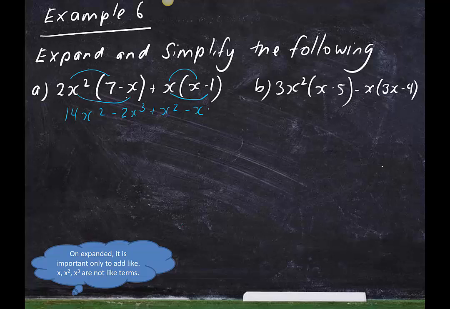We now need to add our like terms together. We're going to start with the highest power, which is minus 2x cubed, and then we're going to add the like terms together. So we've got 14x squared and x squared here. So that's like 1x squared. So that gives us 15x squared, and we've got minus x on the end.